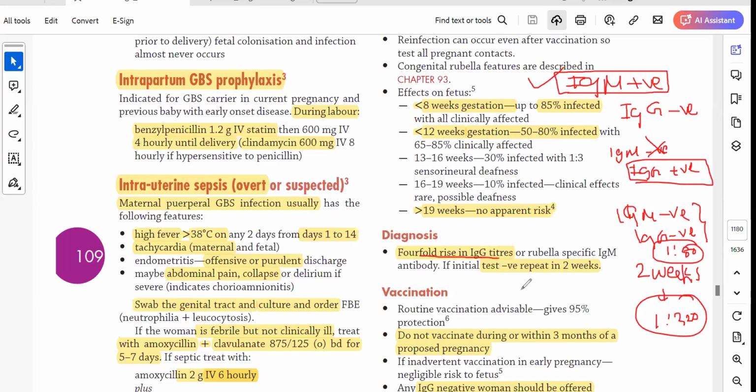So if there is a 4-fold rise of IgG titer or if IgM became positive after the 2 weeks, that will also be confirmatory that the patient has a recent rubella infection. Again, if both are negative initially, you need to do a repeat test in 2 weeks, and if you find that the IgG titer has increased 4-fold, it's also a recent infection.